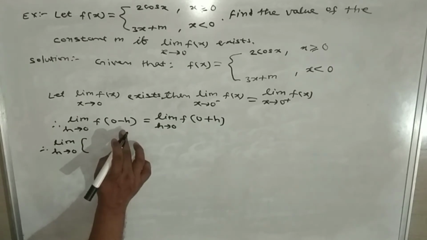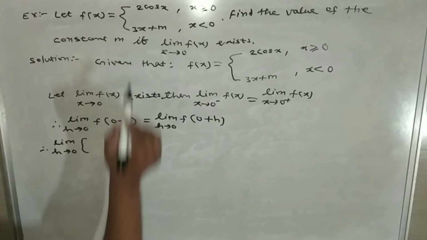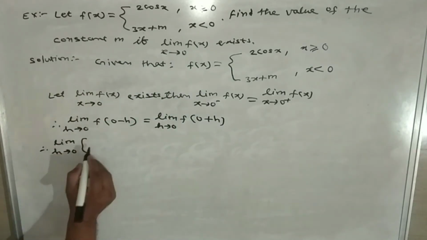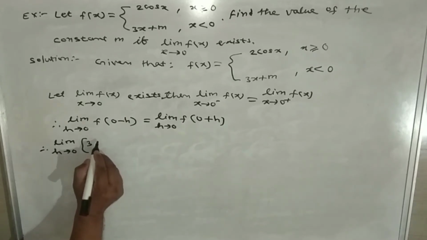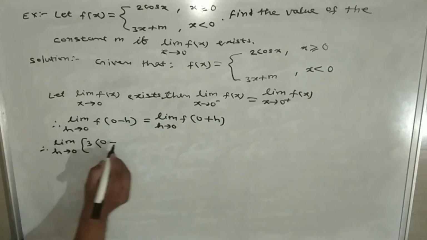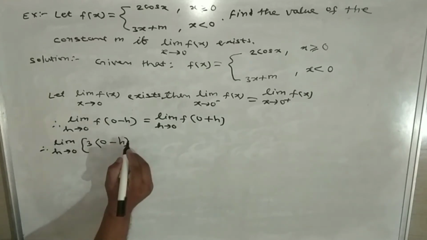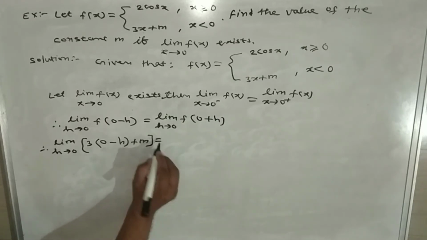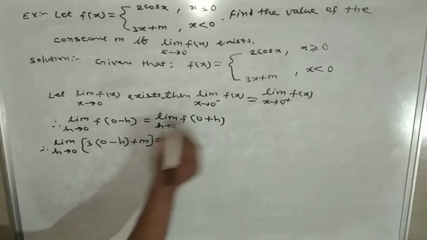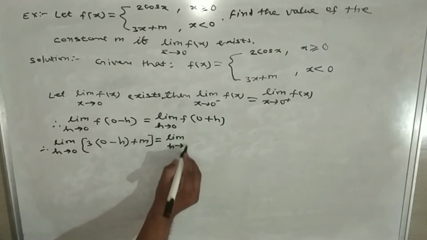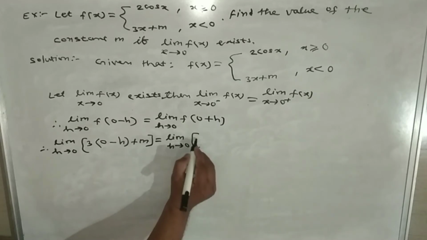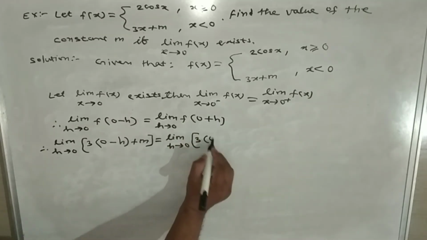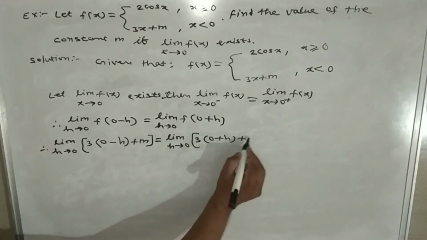In place of this x, we write 0 minus h. So the limit of the function f of x, that is 3, and x is 0 minus h, plus m as it is. So this is equal to the limit as h tends to 0 of the function 3 times 0 plus h here, and plus m as it is.